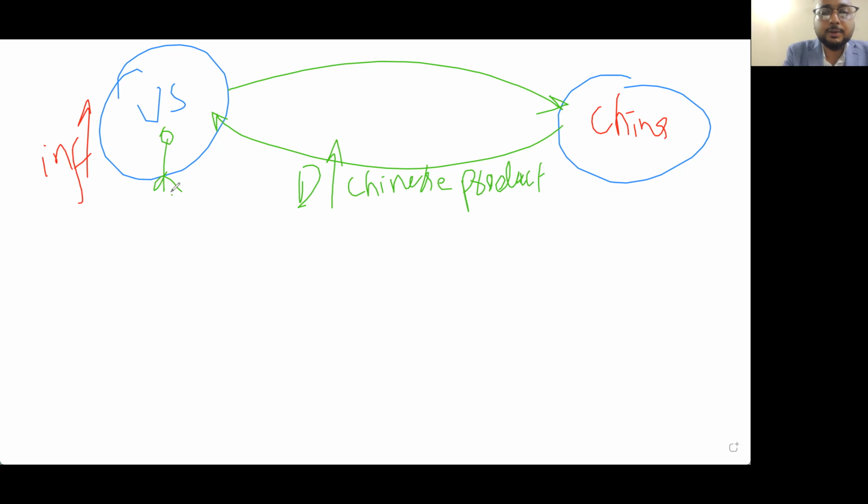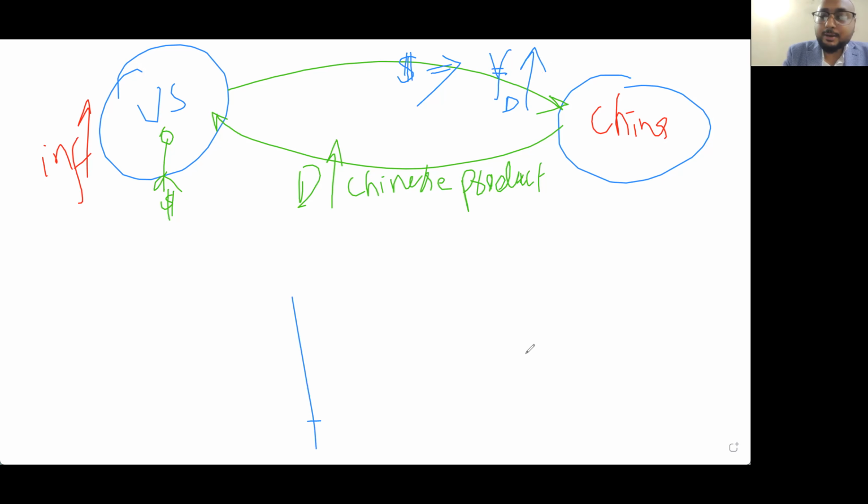These are US investors or US buyers. They will purchase more Chinese products. But what happens here? For Chinese products, they require yuan. The dollar is going to be converted into yuan. So demand for yuan rises.